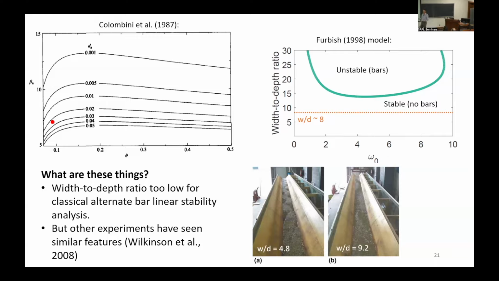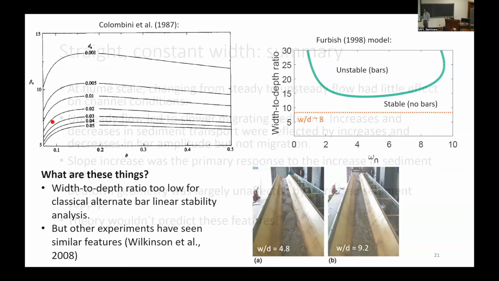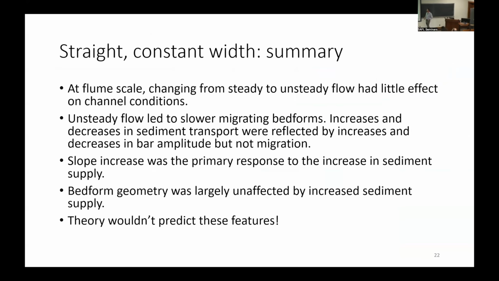Maybe you need a fully three-dimensional hydrodynamic model as opposed to a depth-averaged one. I'm not sure; I haven't pursued that much further. But nonetheless, we got these bar-like features that the dominant theory would not have predicted.